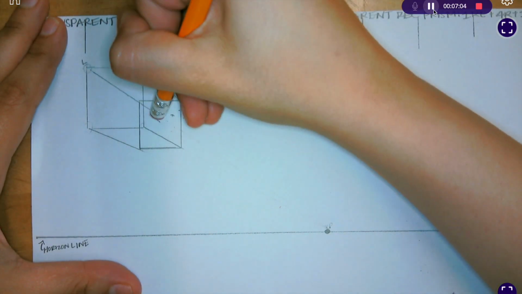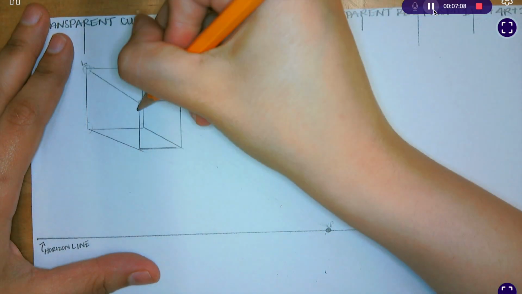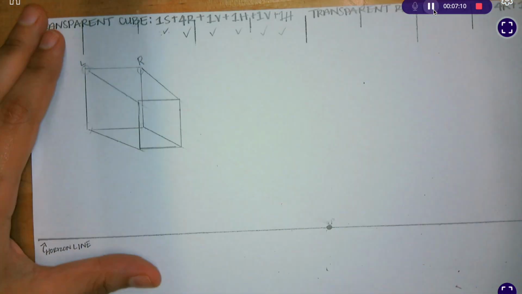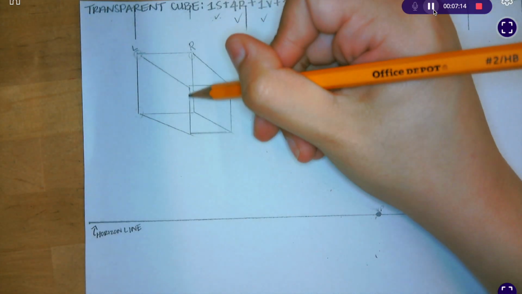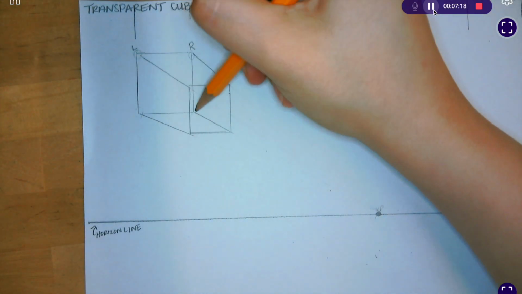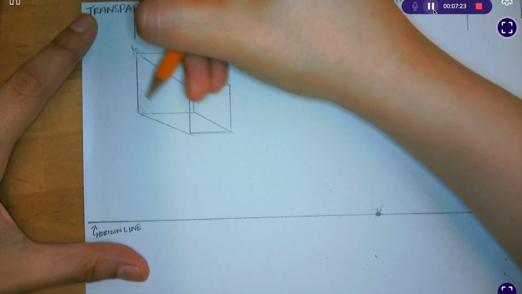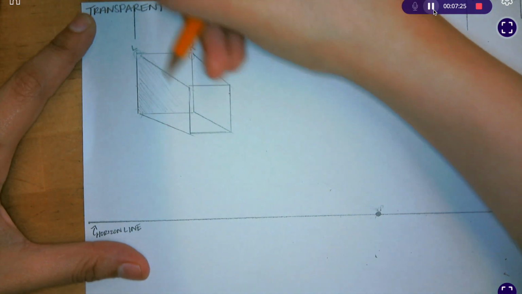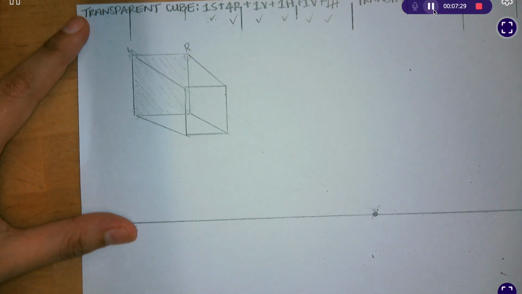And we're going to erase this back portion too, because again, it shouldn't be crossing the front face or the back face. And now a lot of people like to think that this square is the front face of the cube. It's not, it's actually this square that is the front. So I'm going to color it just so that you guys can see. This would be the front face.